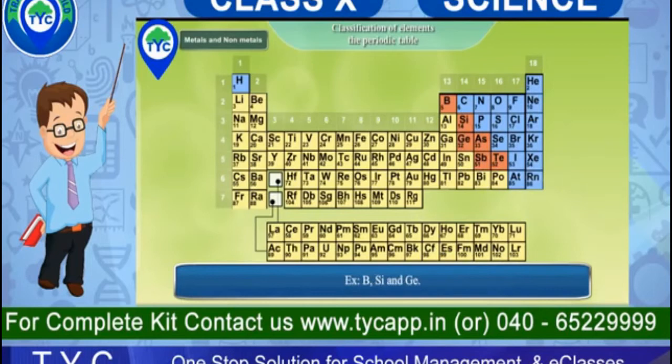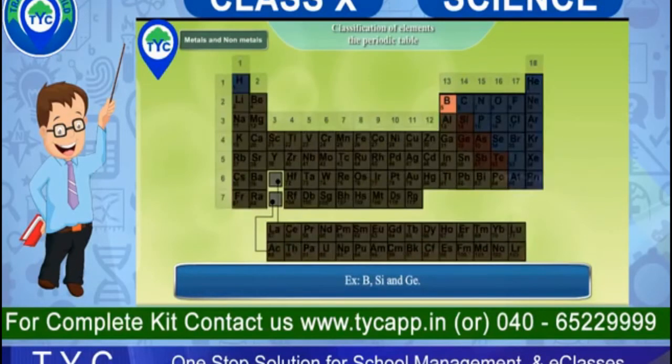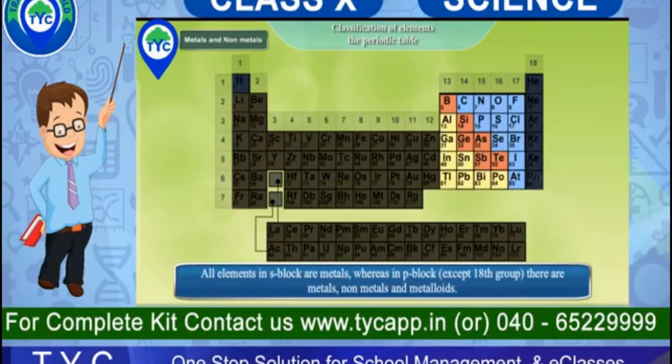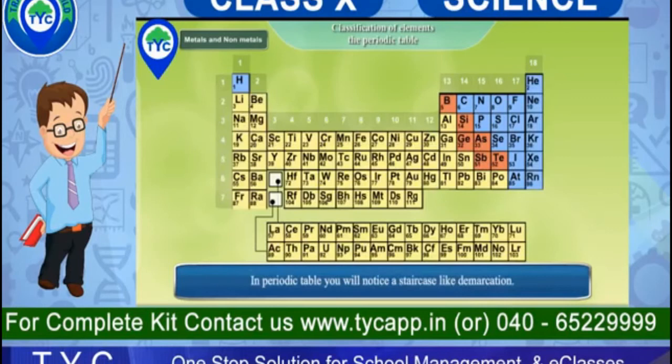Example: P, Si and Ge. All elements in S block are metals, whereas in P block, that is, except 18th group, there are metals, non-metals and metalloids. In the periodic table, you will notice a staircase-like demarcation.